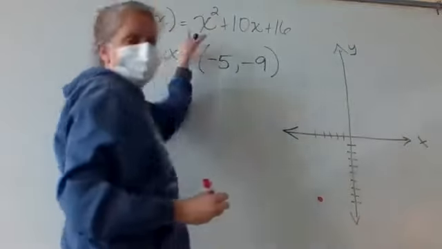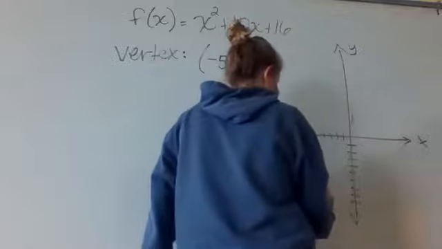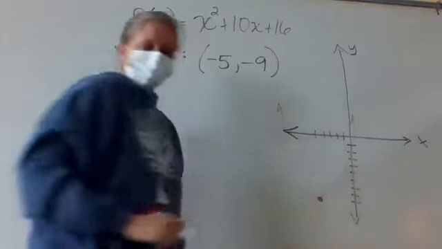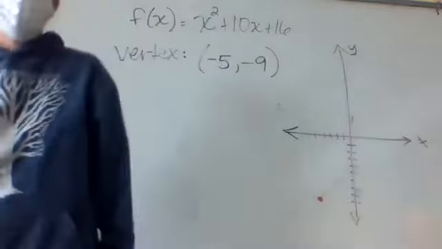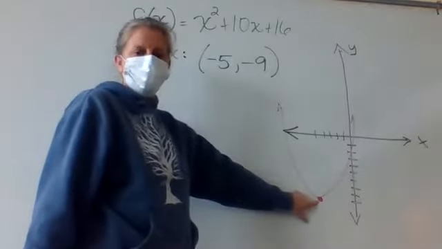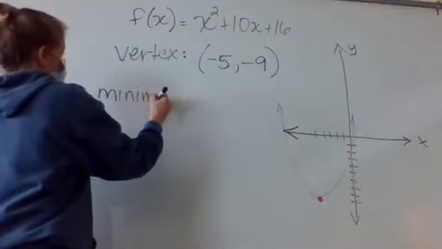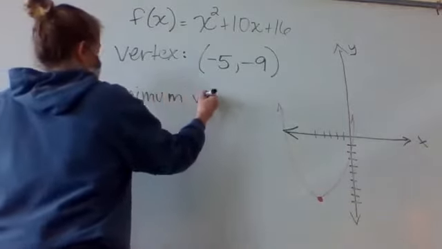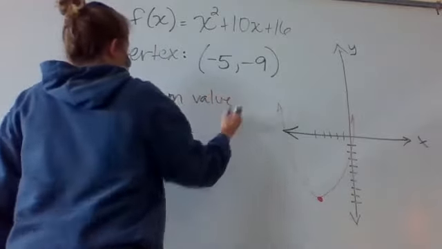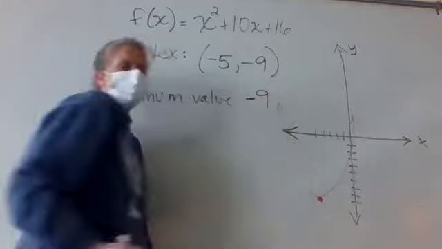It's right side up, right? Since it didn't have a negative x squared. So I'm going to draw this vertex and draw that parabola. Okay? So this one has a minimum, right? Because the vertex is at the bottom. So the minimum value would be that -9.